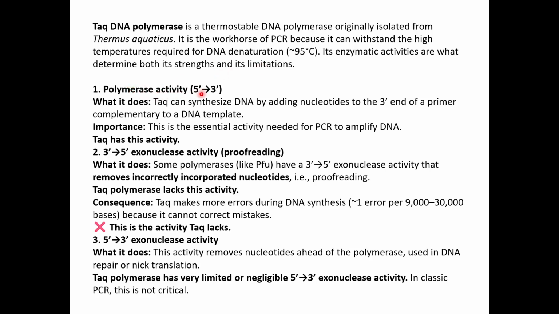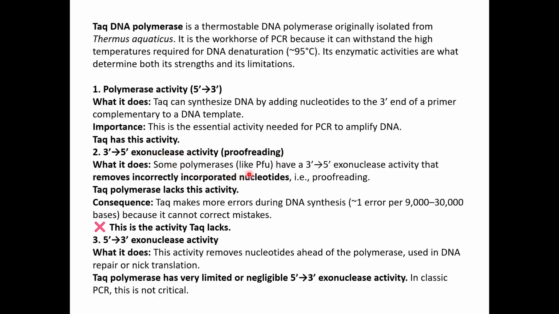First, polymerase activity, 5 prime to 3 prime. Taq can synthesize DNA by adding nucleotides to the 3 prime end of the primer, complementary to a DNA template. This is the essential activity required for PCR, and Taq polymerase does have it. The 3 prime to 5 prime exonuclease activity is required for proofreading.